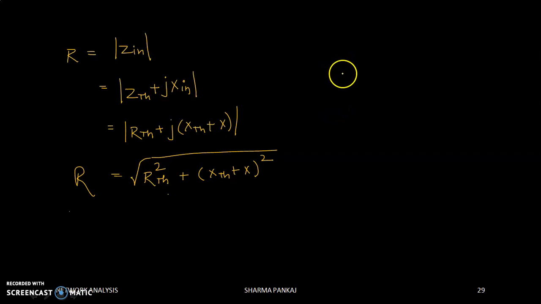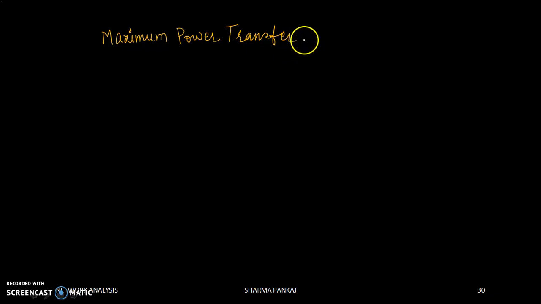See this. That is the maximum power transfer in case of DC network. Let me draw the diagram, the circuit.